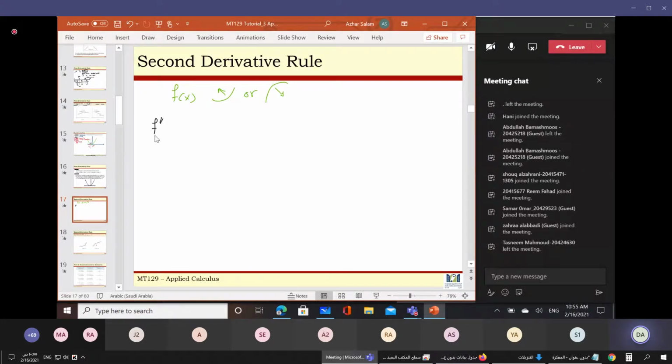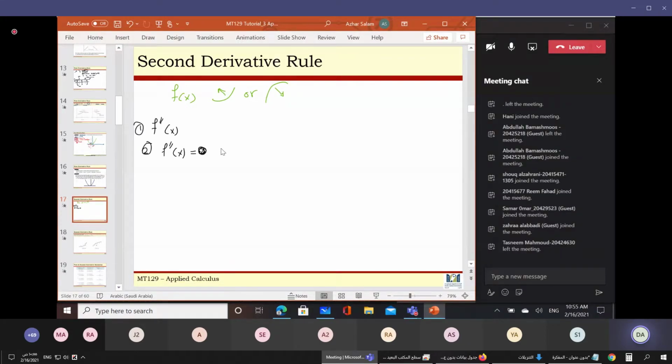How to find f double dash, the second derivative? I find f dash first, then differentiate a second time to find f double dash of x. This is the first step. The second step is to find the zeros of the second derivative.